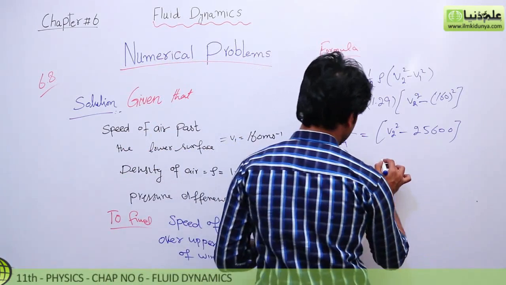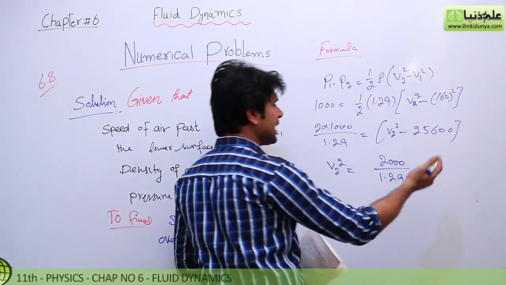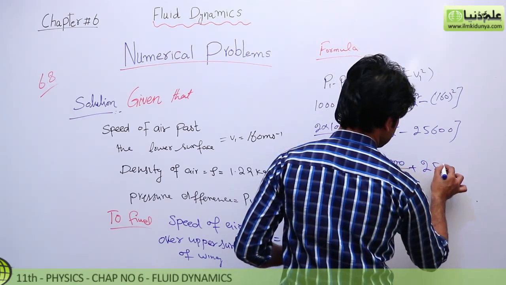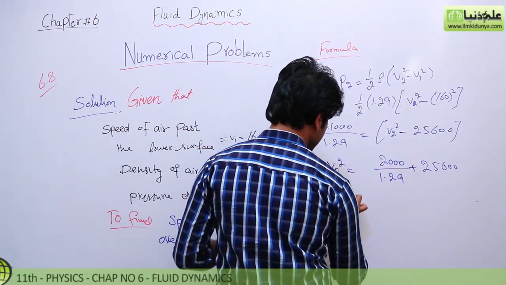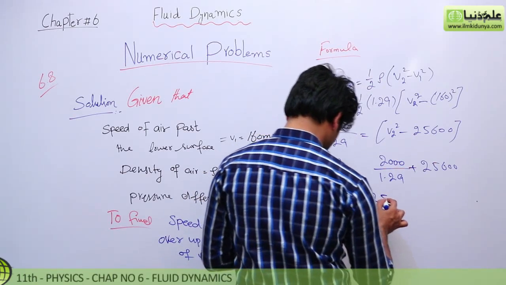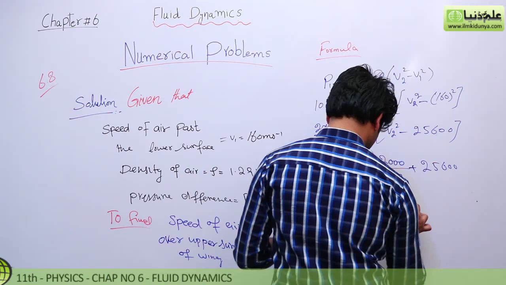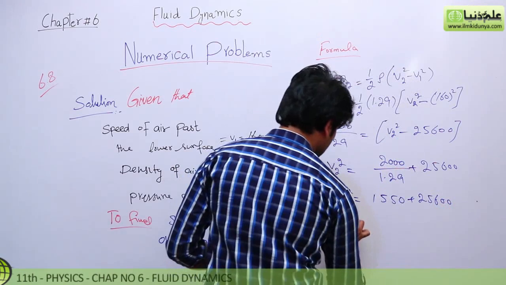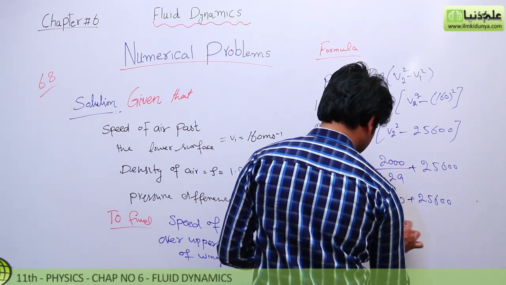This quantity, when we bring it to the other side, becomes plus, and when we solve this ratio, we have 1550 plus 25,600, and when we add these terms, it becomes.